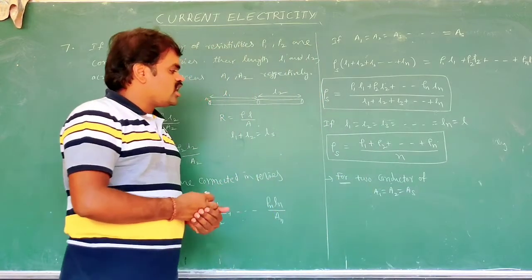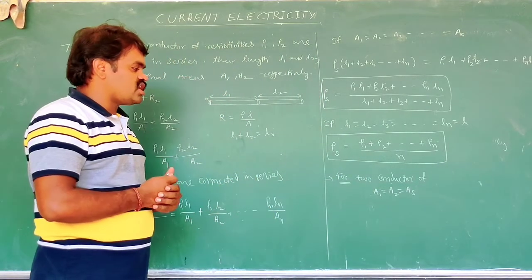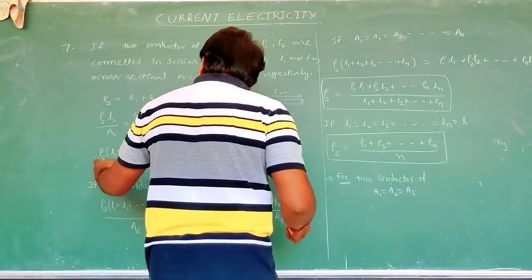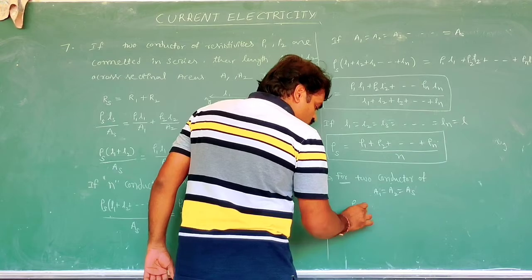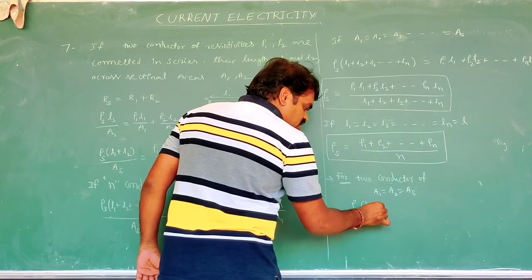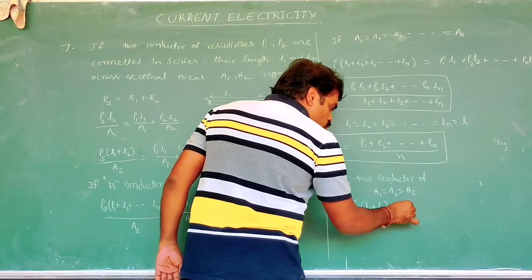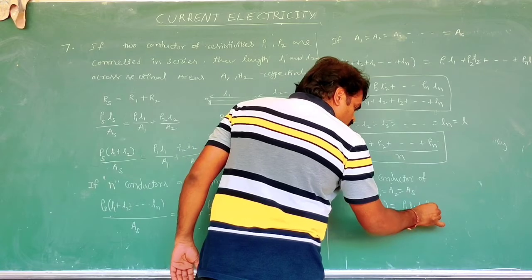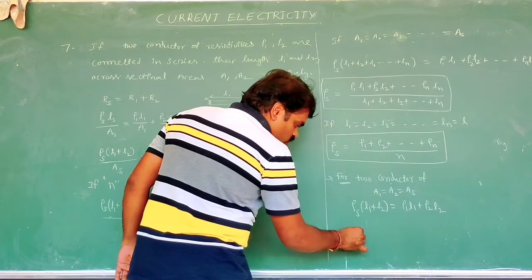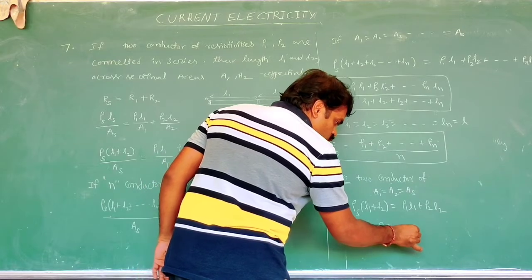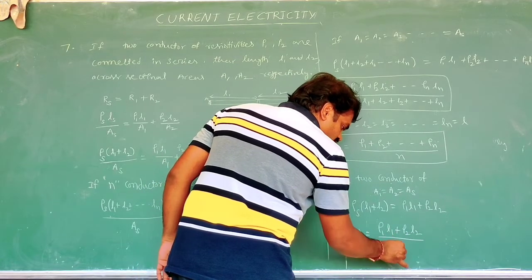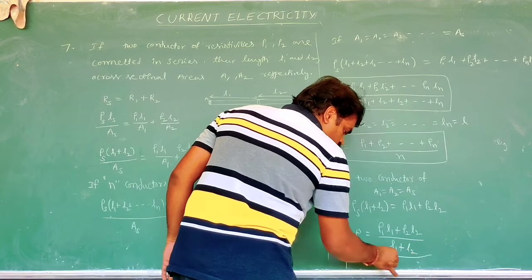For two conductors of equal areas of cross sections, what is the formula here, right? Rho S into L1 plus L2 is equal to rho 1 L1 plus rho 2 L2. Then what do you write? Rho S is equal to rho 1 L1 plus rho 2 L2 by L1 plus L2, a very important form.